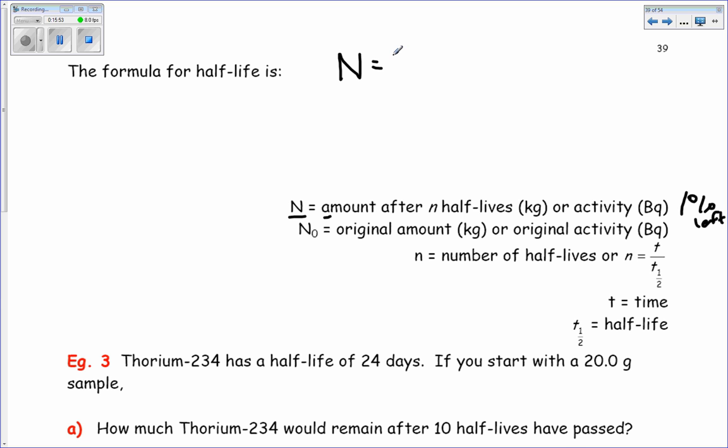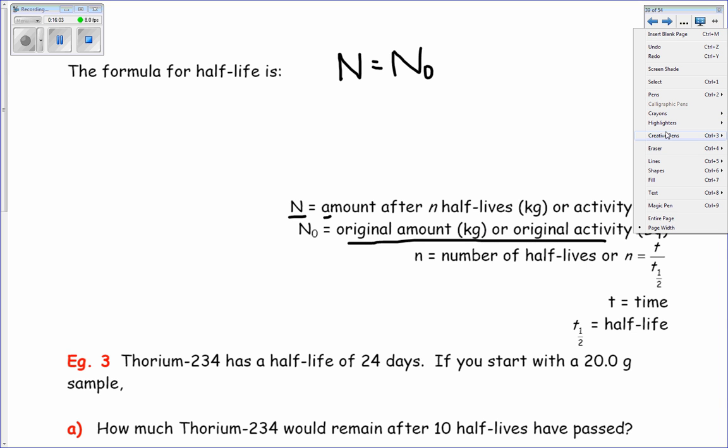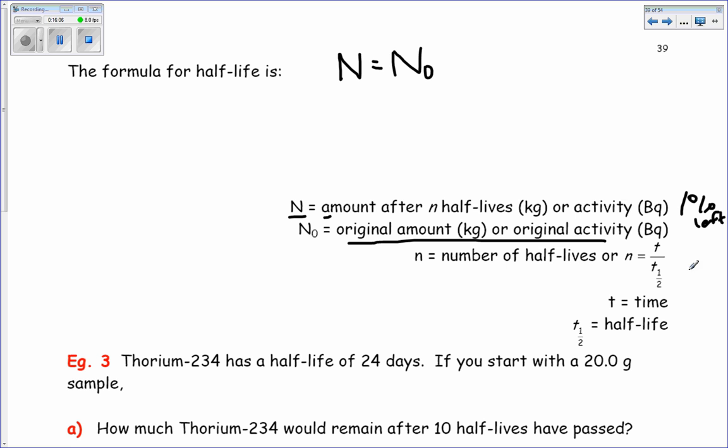So N is equal to N naught, which is your original amount, or your original activity, or if you're talking about percent, that'll always be 100%. And then this is bracket 1/2 bracket to the power of little n. That's your formula for half-life. That's what's on your formula sheet.